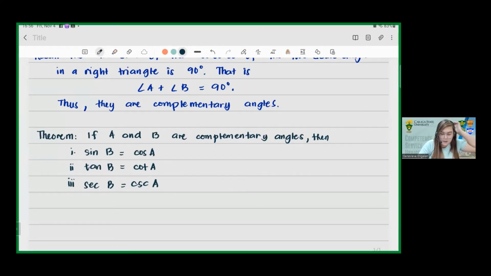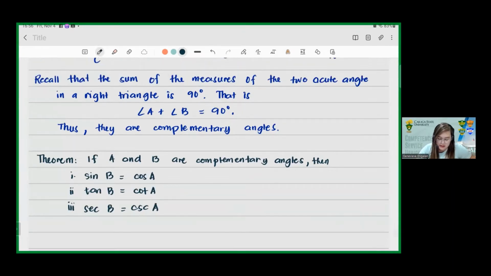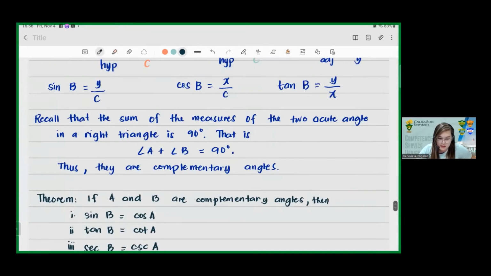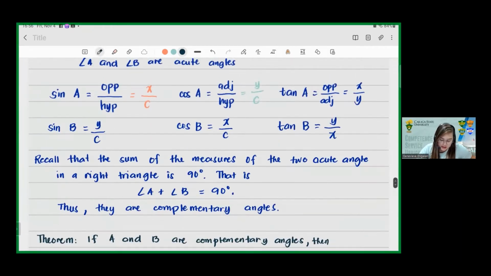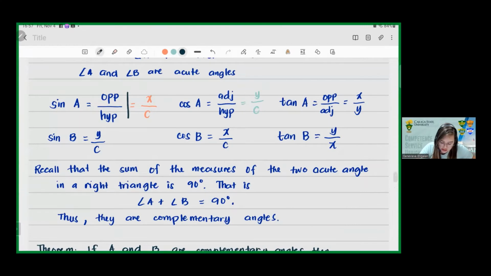Okay. So if they are complementary, as we can see above, A and B are complementary, right? As you can see, sine A is just equal to cosine B, and cosine A is just equal to sine B. Right?